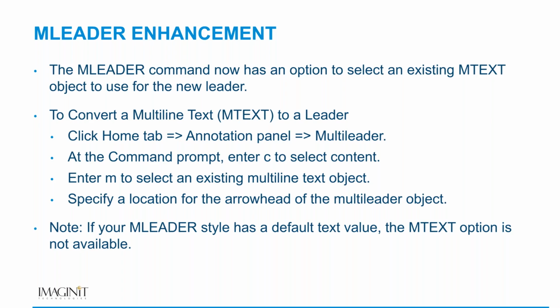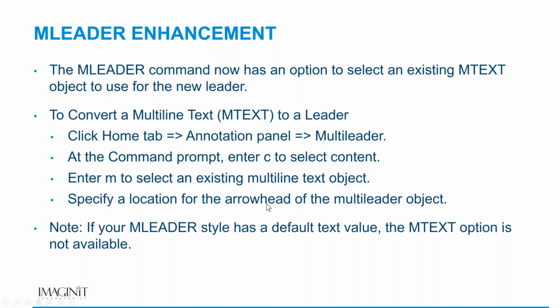You can actually now convert MLI or multi-line text or M text directly to a multi-leader. This one got me kind of excited as well. So you click the Home tab, you go to Annotation Panel Multi-Leader. At the command prompt, you enter C to select content. Then you enter M to select existing multi-line object.